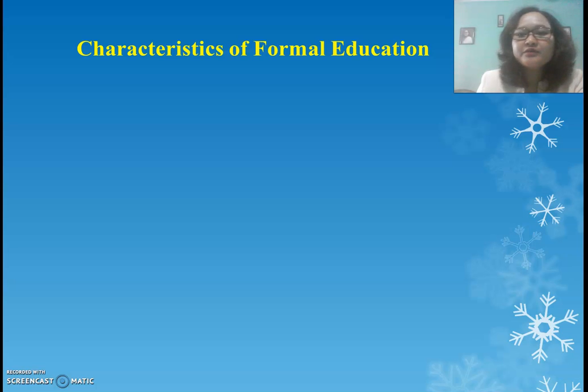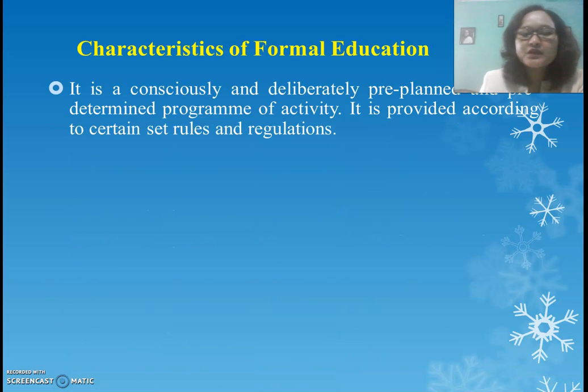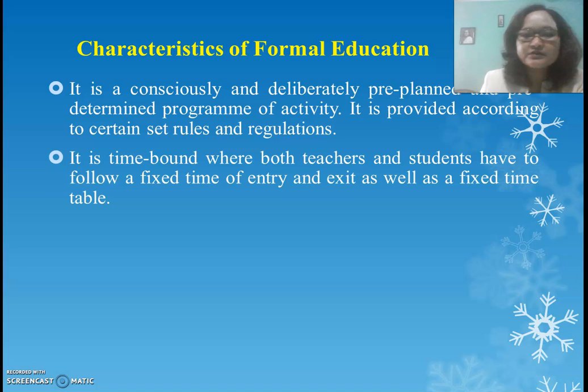Now, when we talk about the characteristics of formal education, we can finalize them from the concept and meaning of formal education. We can say that formal education is a consciously and deliberately preplanned and predetermined program of activity, and it is provided according to certain set rules and regulations.